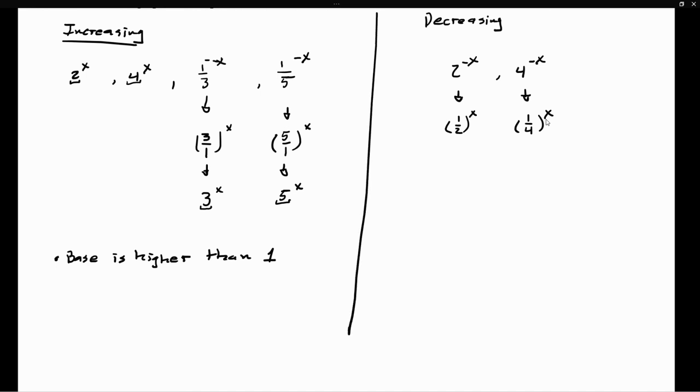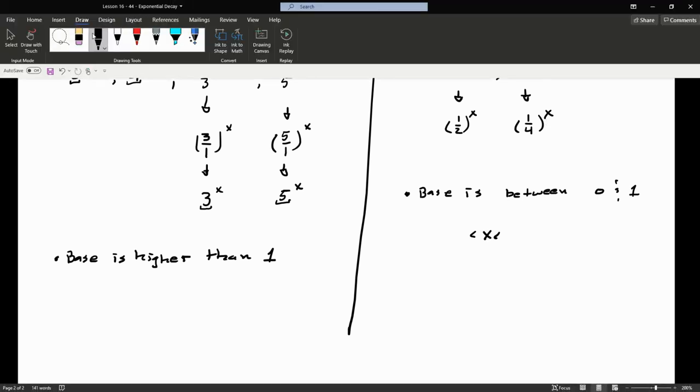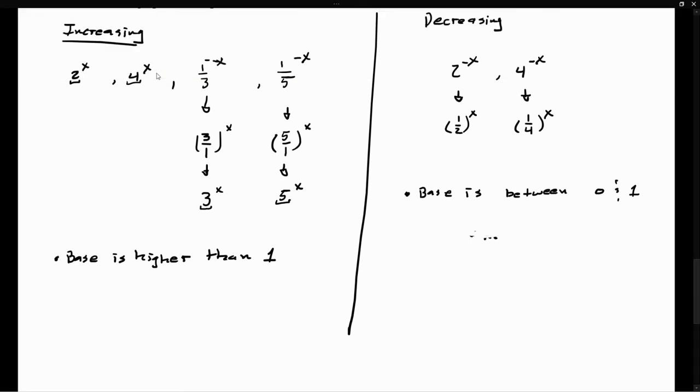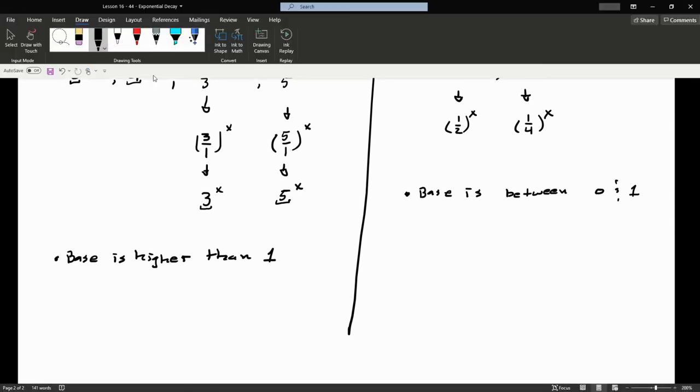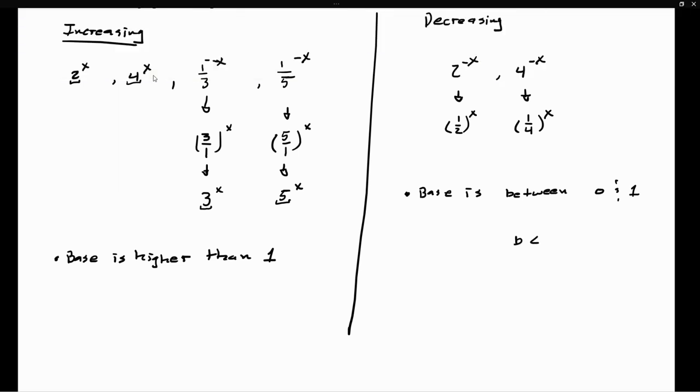Well, we have a decreasing function if the base is between 0 and 1. Let me call it a different value, because x can get confused with the exponent there. Let's say that the base we're going to represent with the letter b.